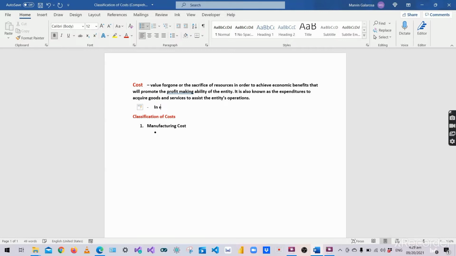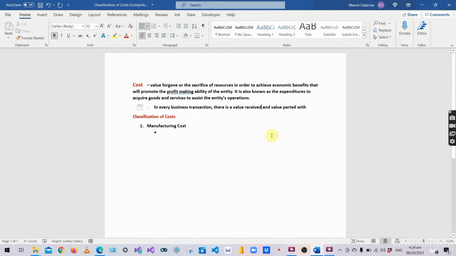So in every business transaction, there is a value received and value parted with.